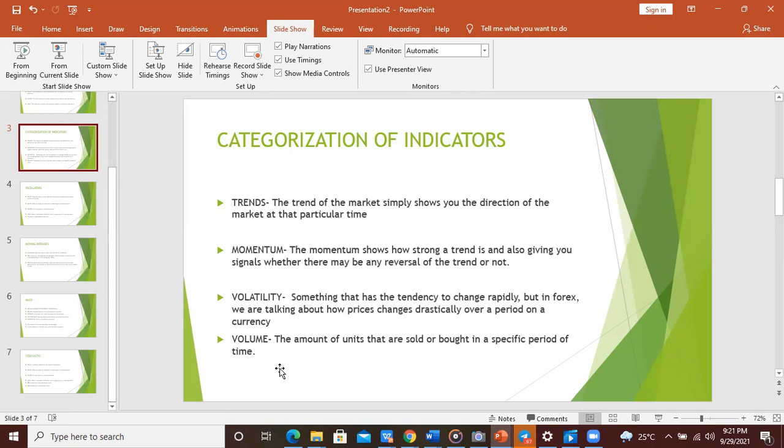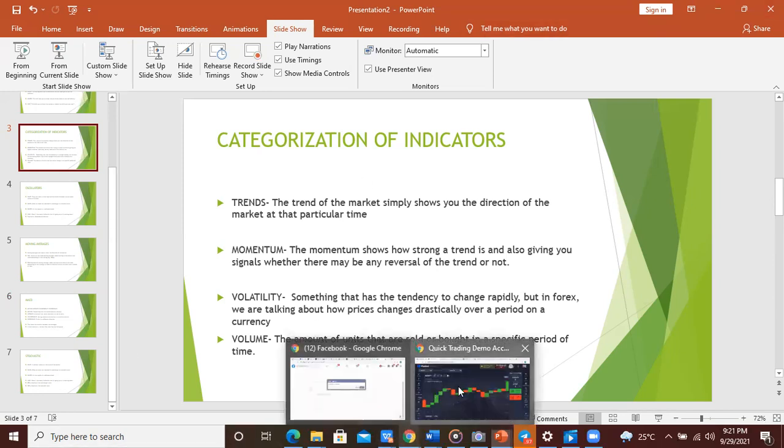But it's not advisable to use only one category of indicators, just for trends or just for momentum or volatility or volume. You may do it depending on whatever strategy you think you can do, but advisably, you need to combine a lot of indicators that fall under these categories. I hope that is okay.